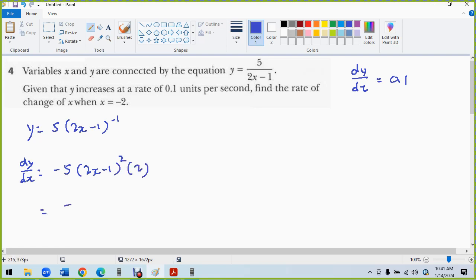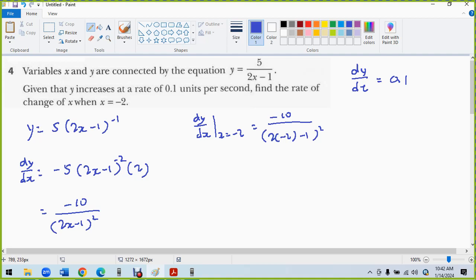It will become negative 10 over (2x minus 1) squared. So dy/dx when x equals negative 2 is negative 10 over (2 times negative 2 minus 1) squared. Okay, so 25. So this is negative 2 over 5.